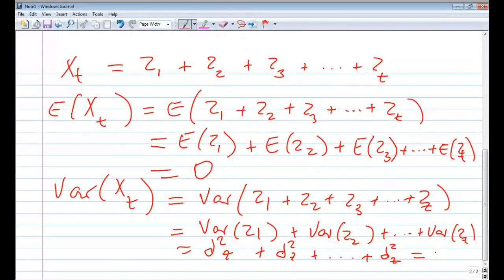So it's T sigma squared Z. The question is, does it depend on T or not? Yes, it depends on T.